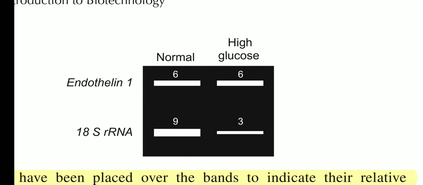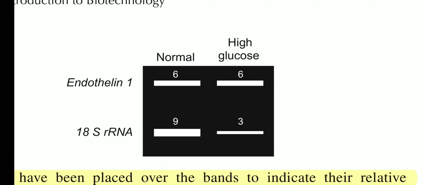By doing that, we can see that there is a 3 times factor of error. So to neutralize the endothelin 1 gene, we have to do the same thing. In the normal cell we divide by 3, or in high glucose we multiply by 3.